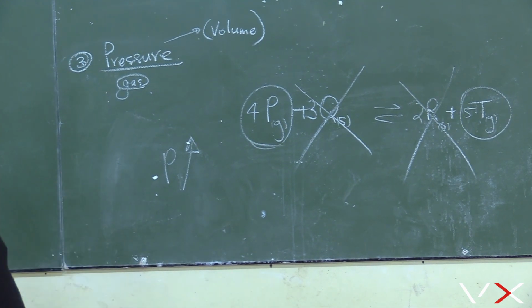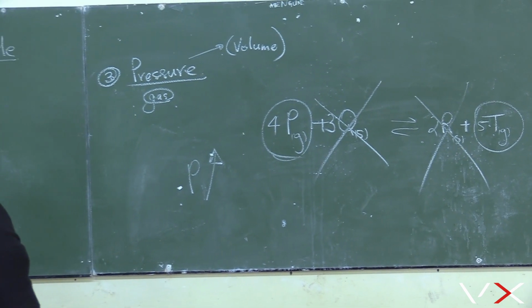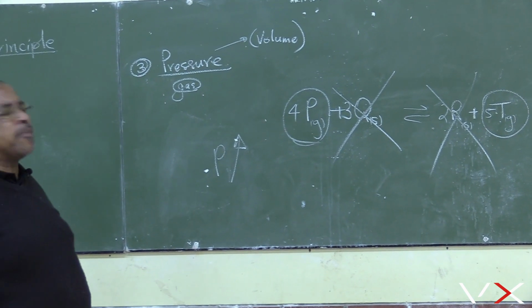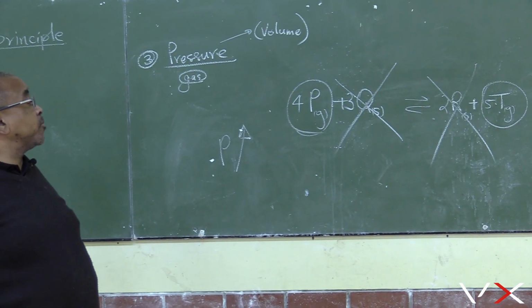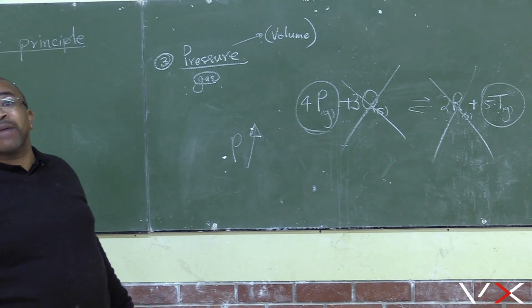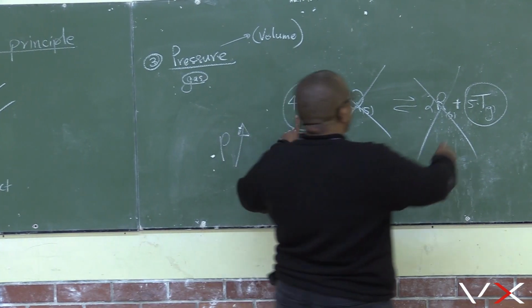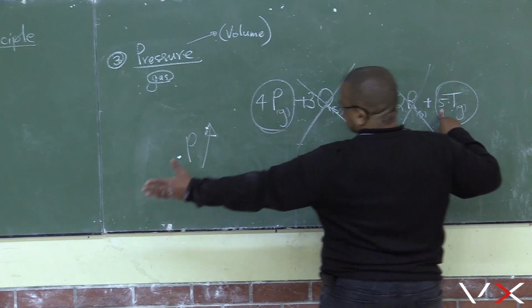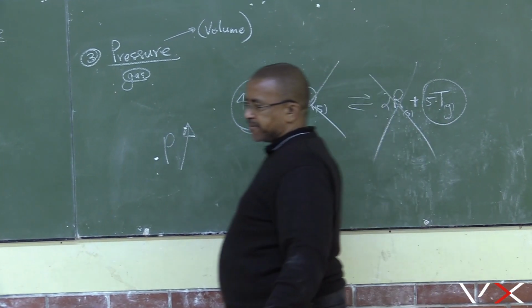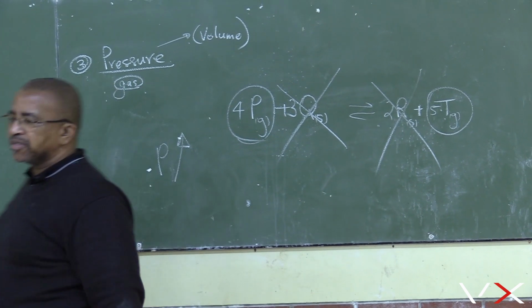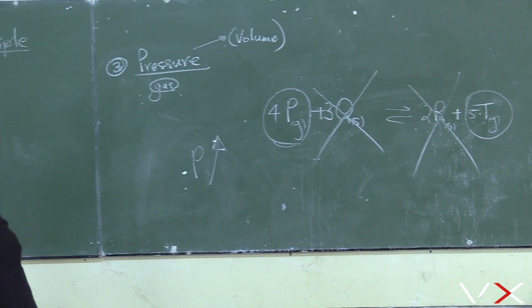You increase pressure. You decrease the space. This space. System will shift to a direction where less number of moles are formed. Less, lapas na 4, lapas na 5. It will shift to the left.